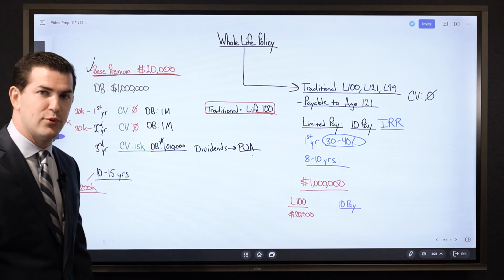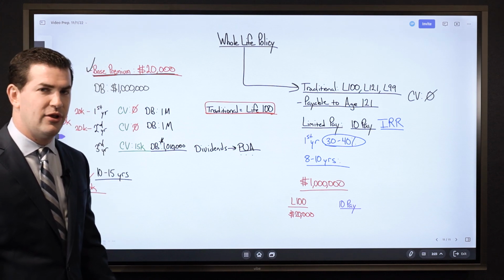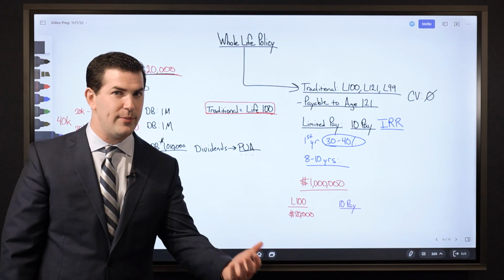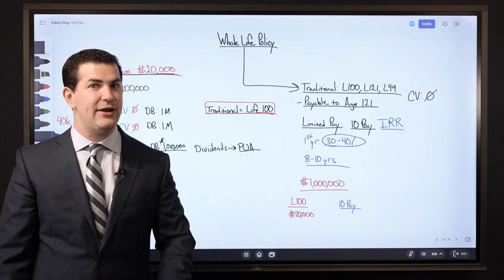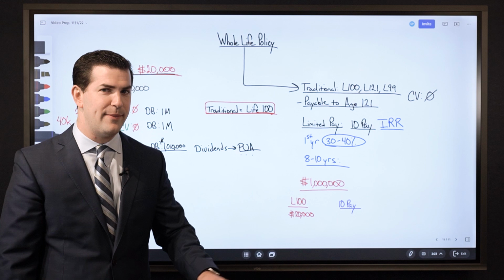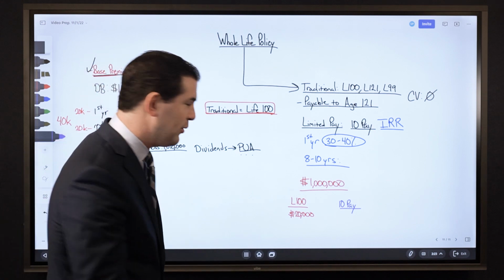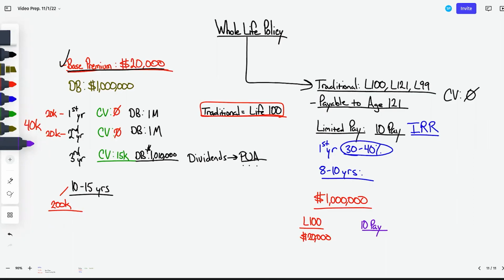Would you charge the same $20,000, meaning, knowing that you still have to pay a $1 million death benefit out and you're going to give more in cash value from that base premium payment? No. What you might see in a case like this is instead of $20,000, the premium requirement is $70,000.